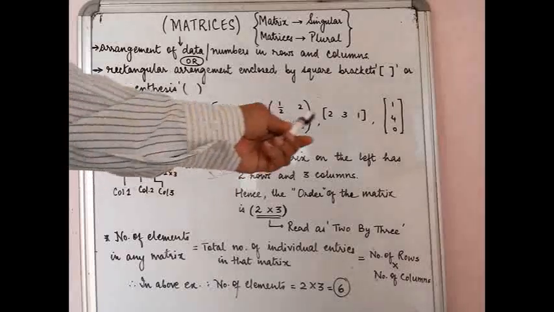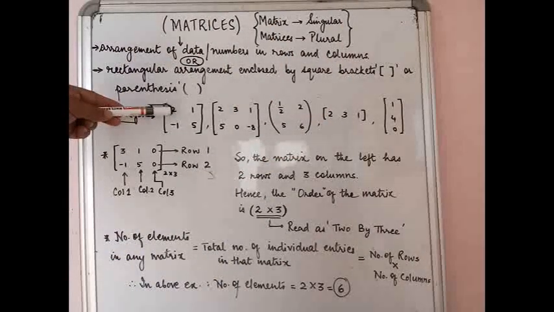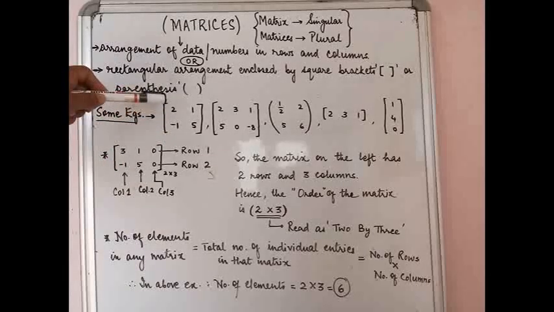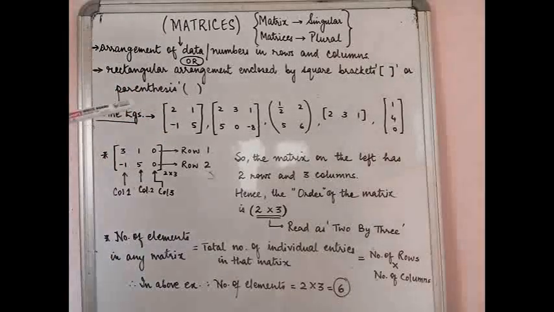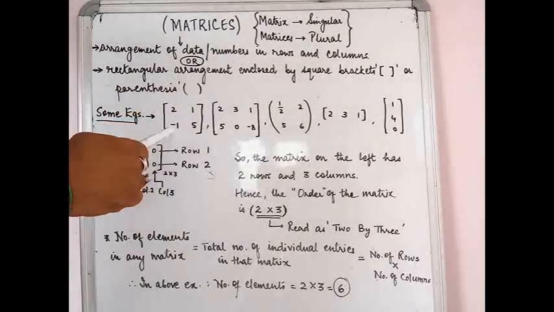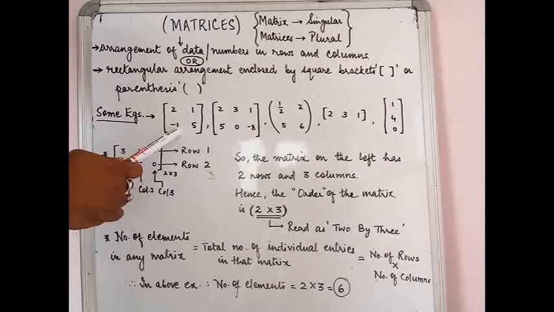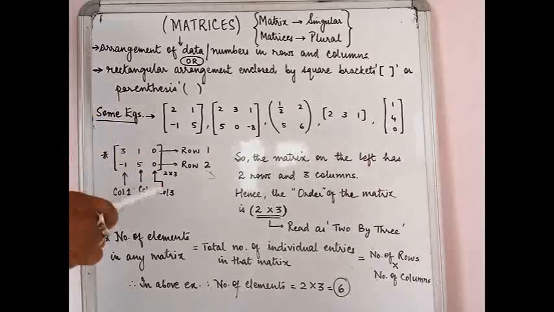Now let us have a look at these examples that we have taken up. In the first example, we have the first row, the second row, the first column and the second column. So this particular matrix has 2 rows and 2 columns.